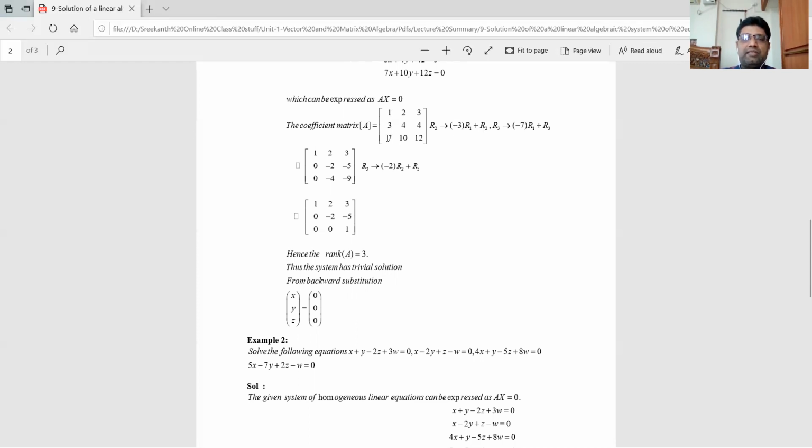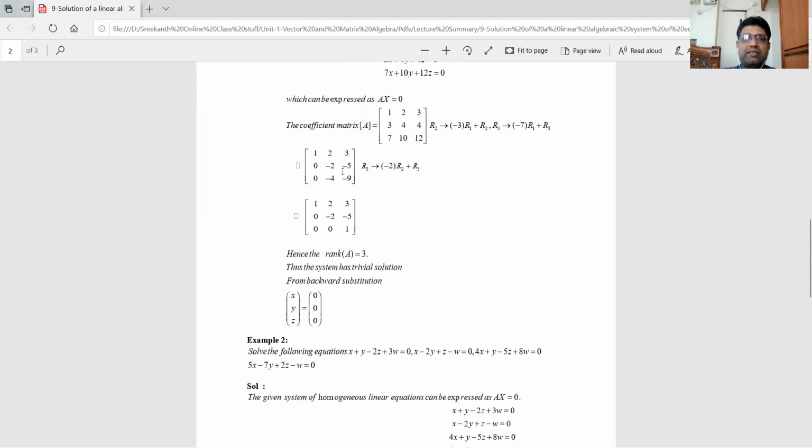Similarly, to make this entry 0, we subtract the first row multiplied by 7, so R3 minus 7 times R1. If you make these two row operations, you will get 0 and 0 clearly, as you can see here. Accordingly, 3 minus 3 is 0.